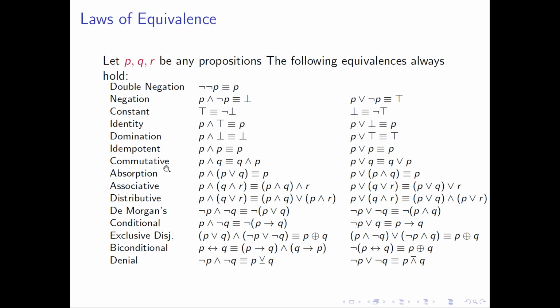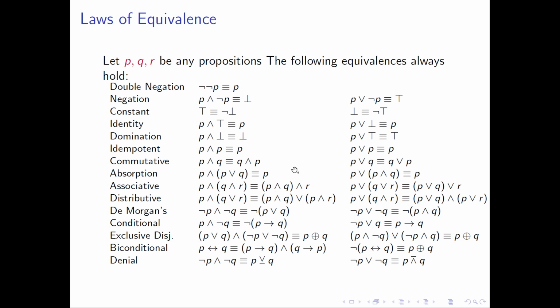Commutative. Sorry, I said that incorrectly. Commutative means that when we have two arguments for and, or for or, we can switch the order of these arguments without any problem. Absorption.